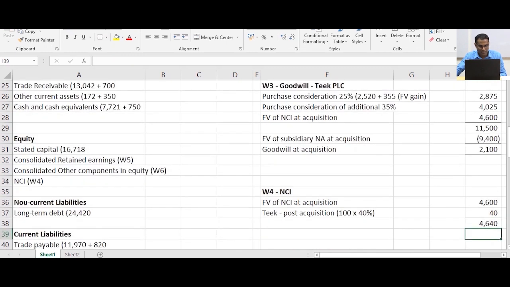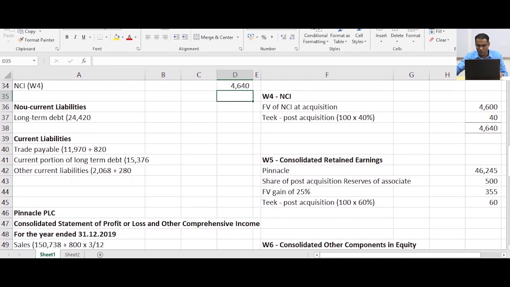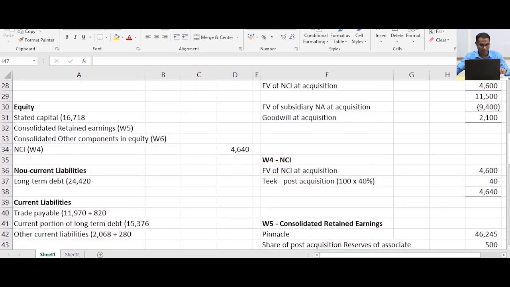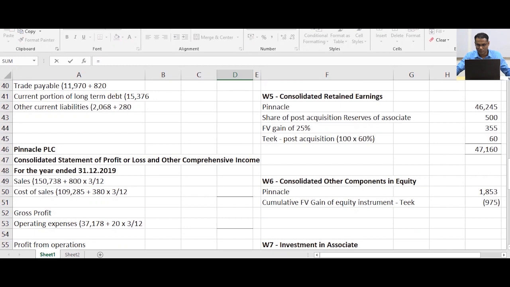I am taking that to the balance sheet, non-controlling interest, working number 4, 4,640. Then the consolidated retained earnings, working number 5, I can take the total here, 47,160.